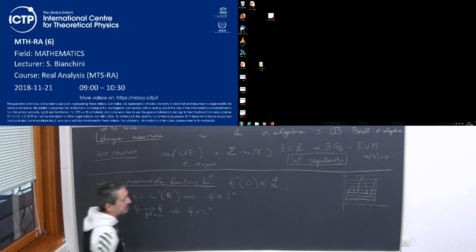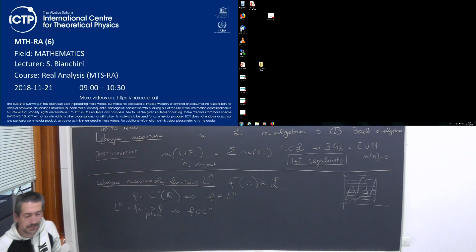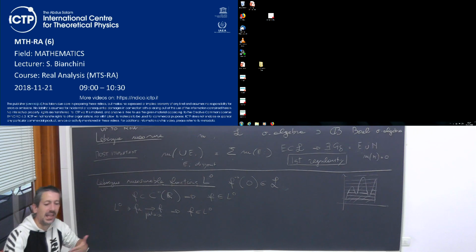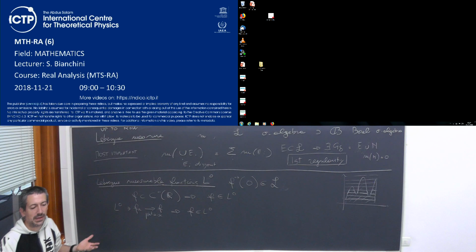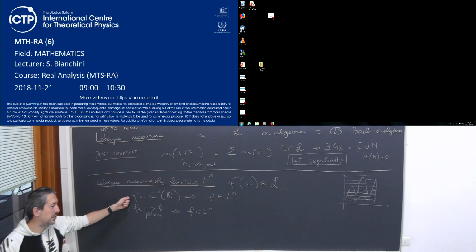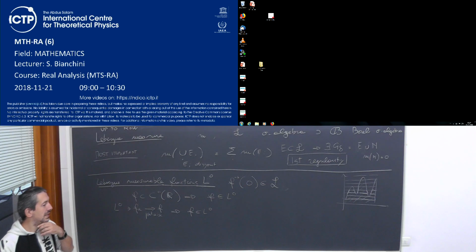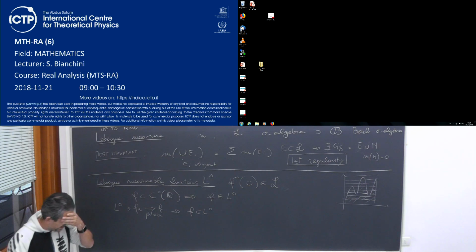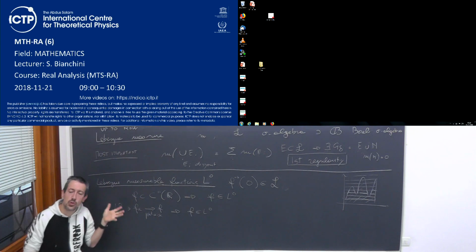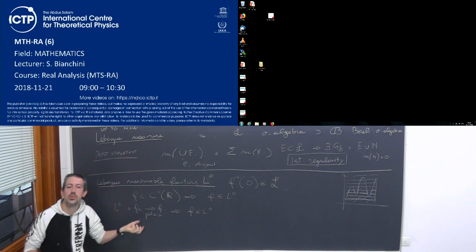So it's closed for pointwise limits. See, now we are enlarging and enlarging the sets. At the end, we arrive at something that essentially you cannot exit from. If you start from a continuous function, you cannot exit. Essentially, these are the two tools you use.